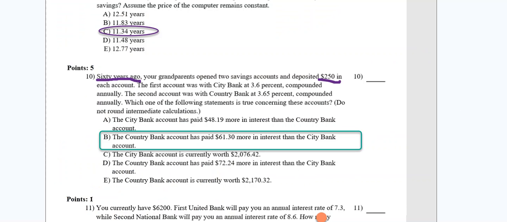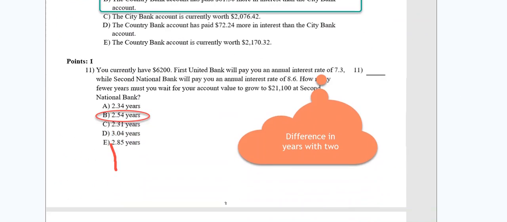The question number 11. I find mistakes in finding the correct answer, but the application is just to find the number of years, or number of periods, for each bank and then take the difference of it. The present value is worth 6,200 for both the banks.